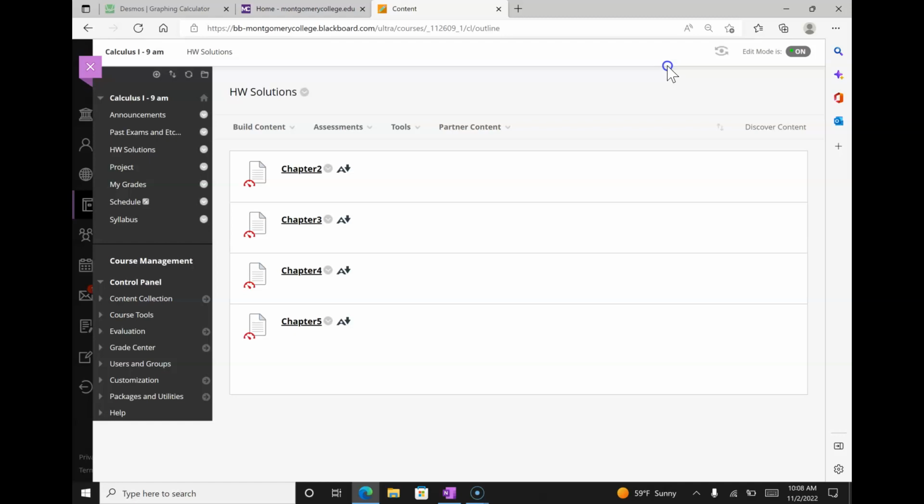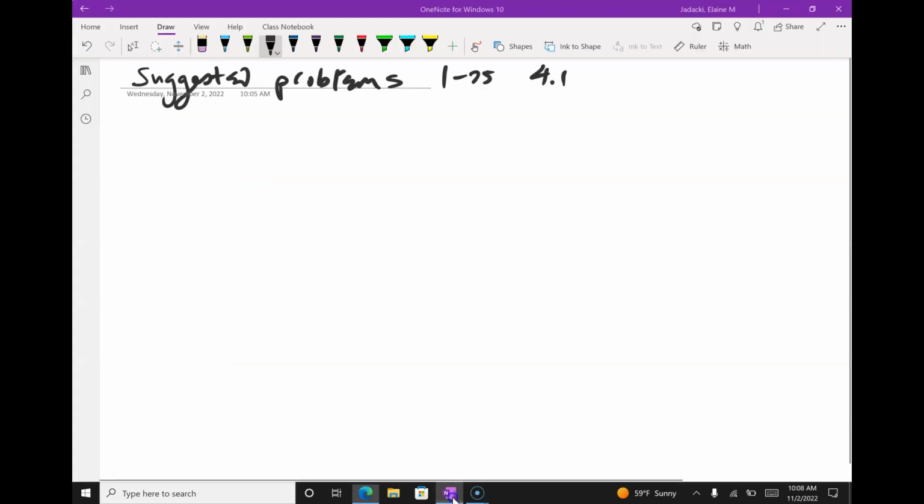Nice. One last thing to do in 4.8, okay? So we have our checklist for integrating.